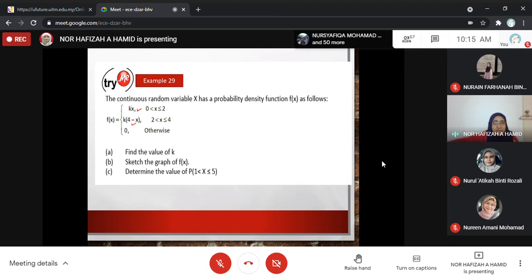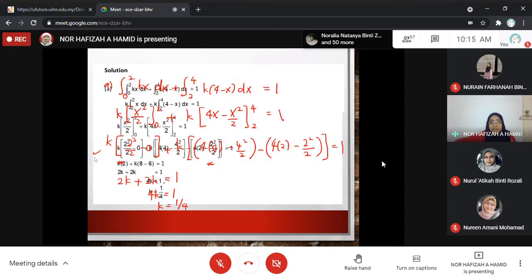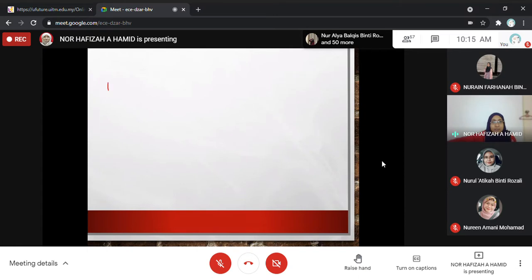First you need to identify lah, fx ni first function is a linear, second function also a linear function. So the graph must be a straight line. Okay, so for B, saya write down balik you punya equation.